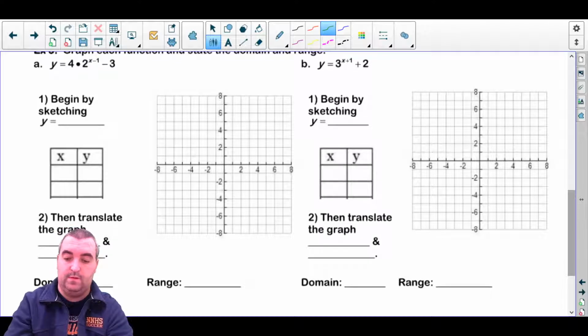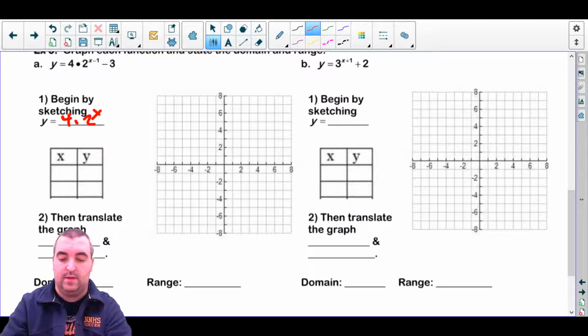So if you want to do it the way I said, you would start by graphing 4 times 2 to the x. Okay, so I'm going to do that first. So what's in red is 4 times 2 to the x. So that'd be 4, and then when I substitute 1 in, I get 8. So 0, 4, 1, 8.